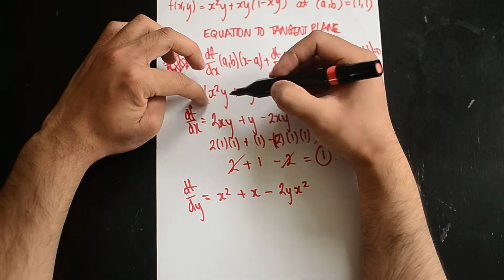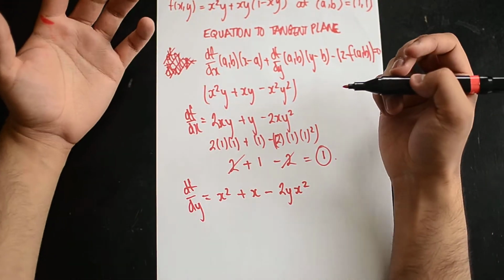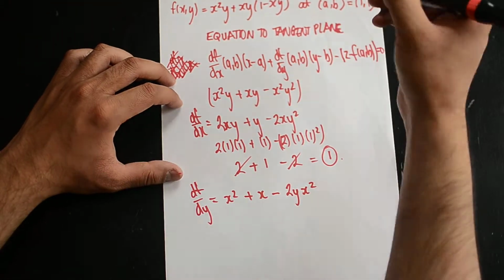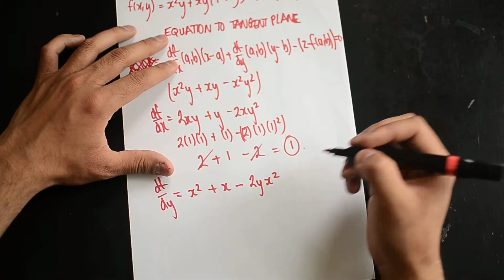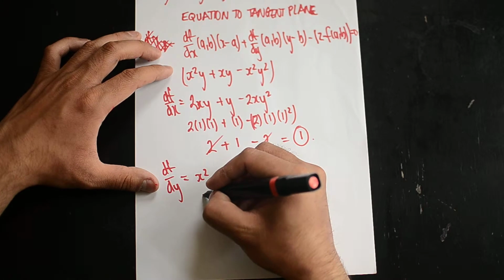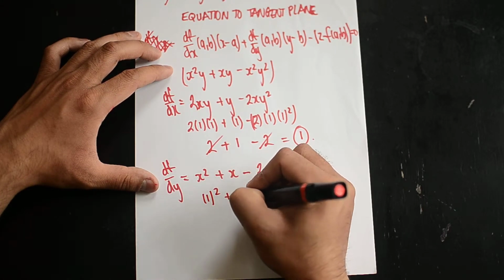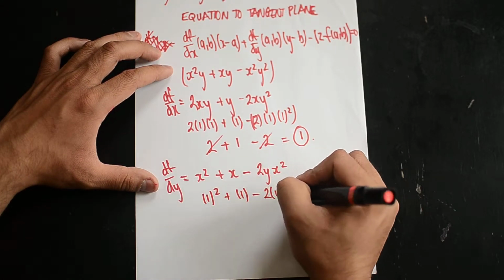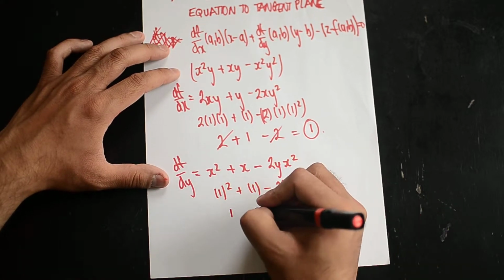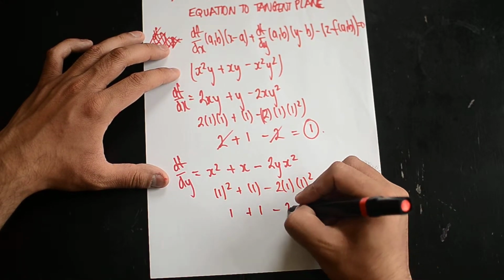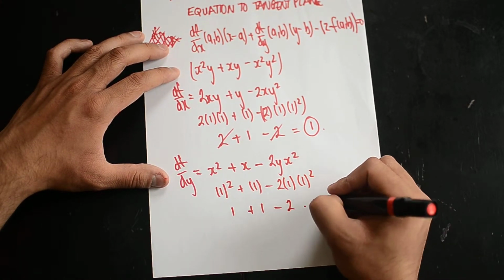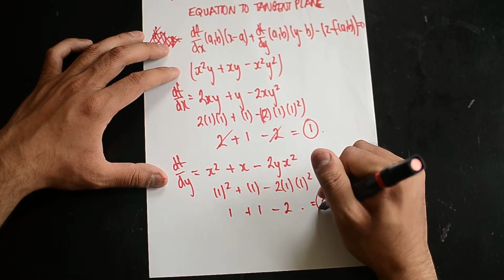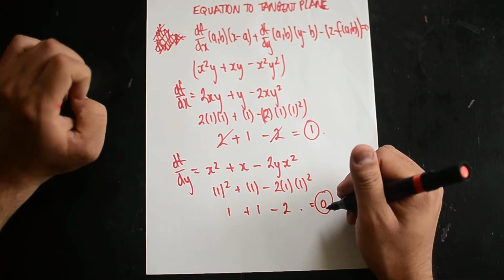As you can see, I've held all my x terms constant and only differentiated the y terms. Now let's plug in (a, b), which is (1, 1), and that would be 1 squared plus 1 minus 2 times 1 times 1 squared. So you'll get 1 plus 1 minus 2. So that would actually equal 0. So that's my answer for df/dy.